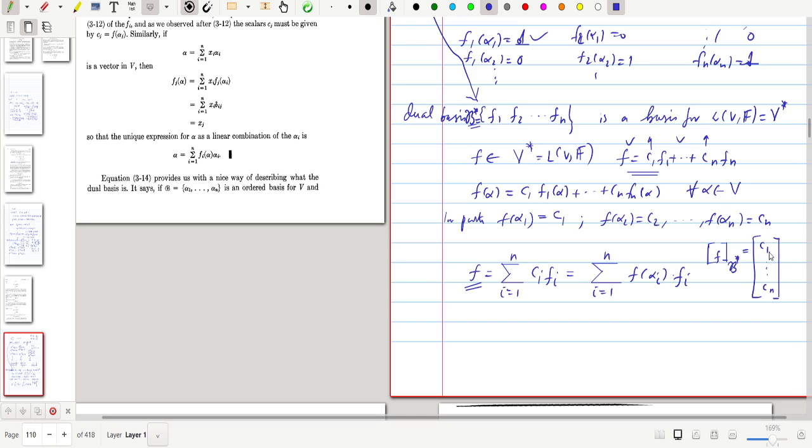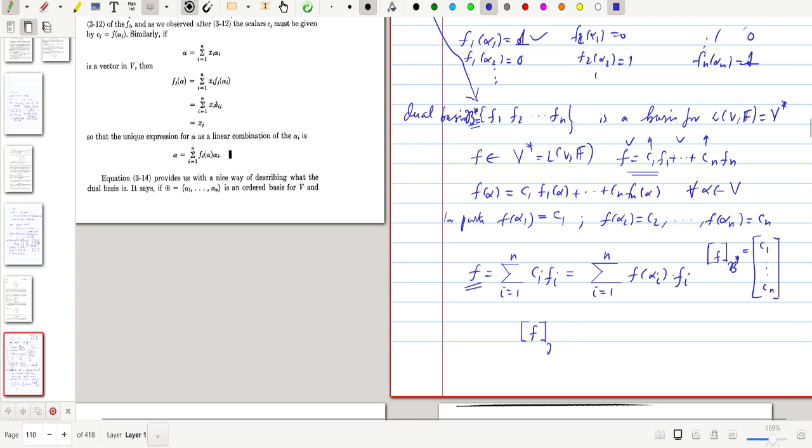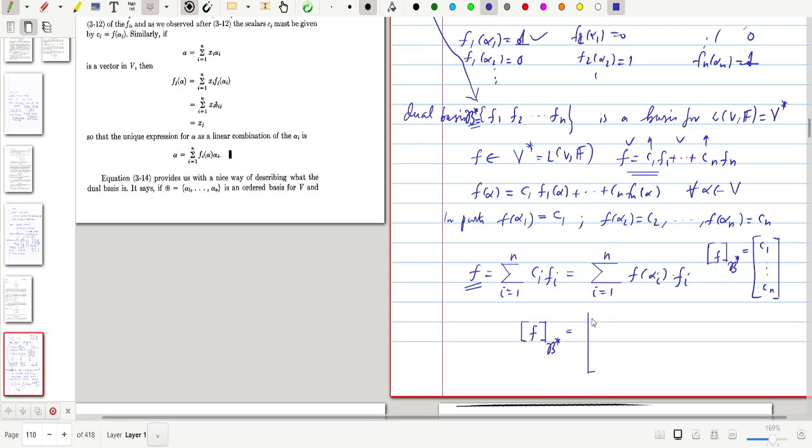But these c1, c2, cn are obtained from this equation. So the coordinates of f relative to the dual basis B star is nothing but f of alpha 1 etc. f of alpha n.